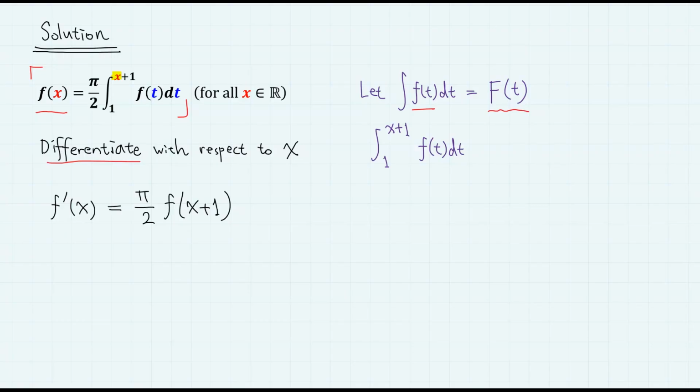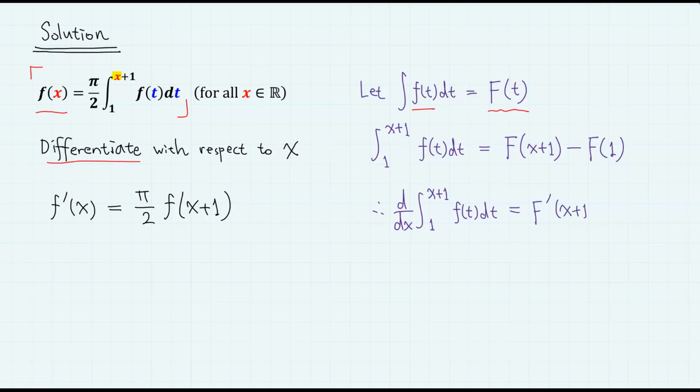Then, by the fundamental theorem of calculus, this integral becomes capital F of x plus 1 minus capital F of 1. Hence the derivative becomes capital F prime of x plus 1, hence small f of x plus 1. So from this result, we obtain f of x plus 1 is equal to 2 over pi times f prime of x.